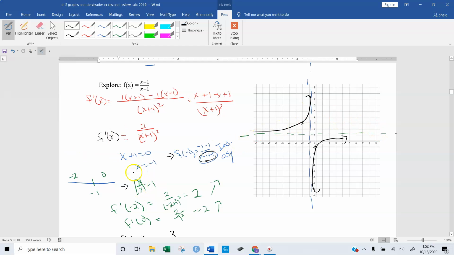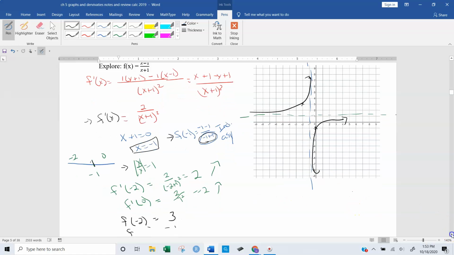Okay, now we have to check at negative 1. So negative 1 is here. So we're going to check 1 on each side, negative 2 and 0. When we plug these into our first derivative, we get 2 for negative 2 and 2 for 0, which means they are both increasing. So they're both going up, which is a little helpful.